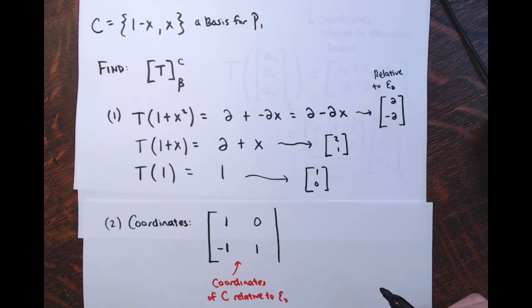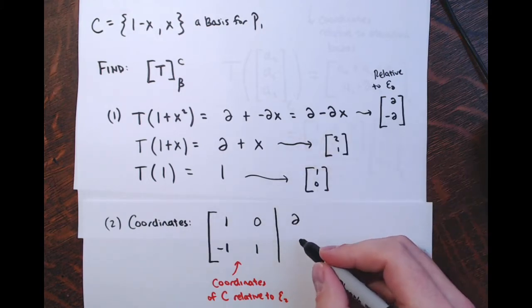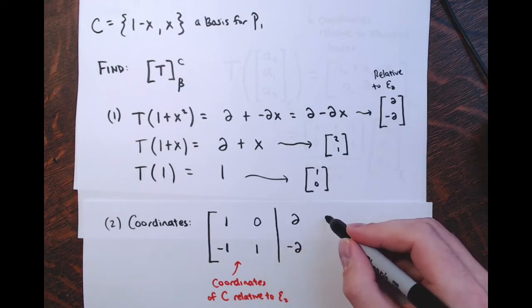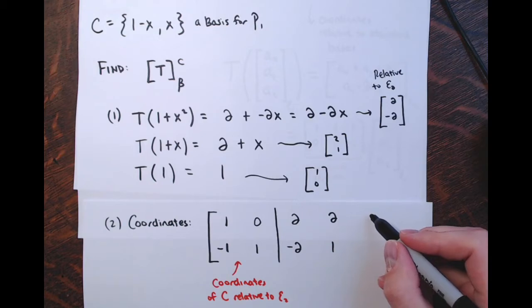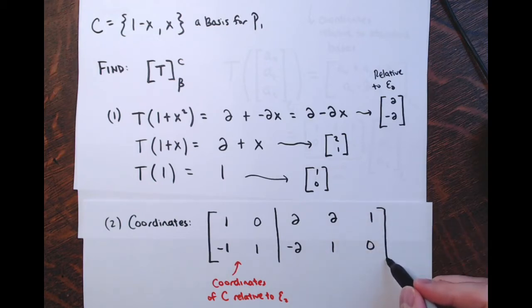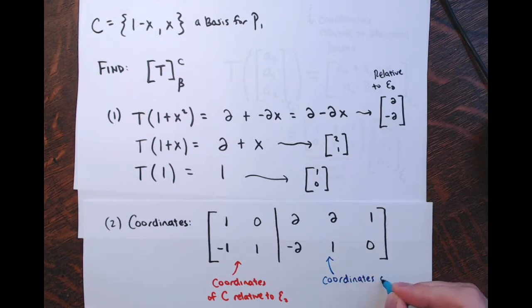Or just x. And then I have my images, 2 minus 2x over here, 2 plus 1x over here, and then 1 plus 0x. And over here are the coordinates of the images relative to the standard basis, relative to E2.